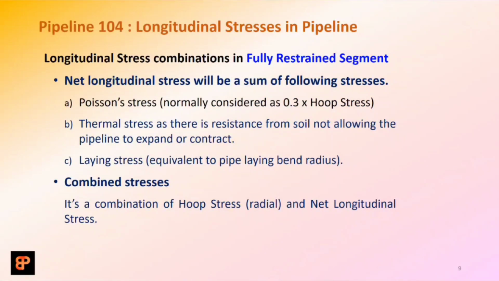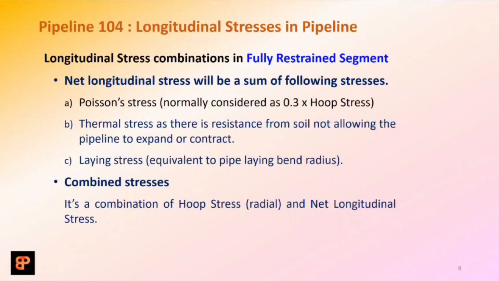Now let's see the fully restrained segment. Fully restrained segment, as I said, will have net longitudinal stress due to the following three reasons. First is Poisson stress, which is normally considered as 30% of hoop stress. So this 0.3 is called Poisson's ratio.